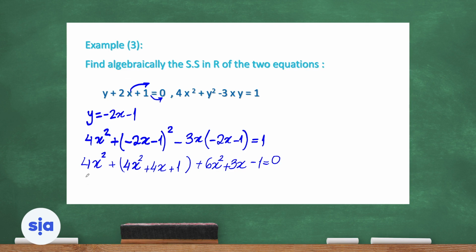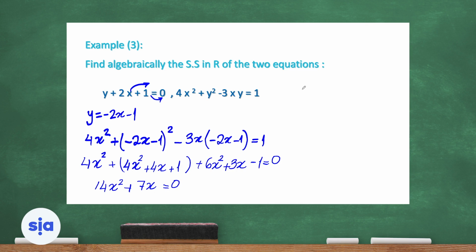To simplify it more, it's 14x squared plus 7x equals 0, because here the positive 1 and the negative 1 would be crossed out together.